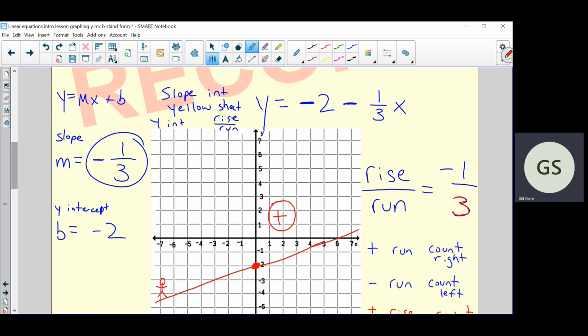Uphill means it's positive slope. Well, if I look at the equation, I have a negative slope right there, negative. Well, that's not right. Those are not matching up. So you should have known immediately that you had the wrong line if you graphed a line that was sloping up from left to right. Yet way more than half the people had a line that sloped up instead of down when the slope in the equation was a negative slope.